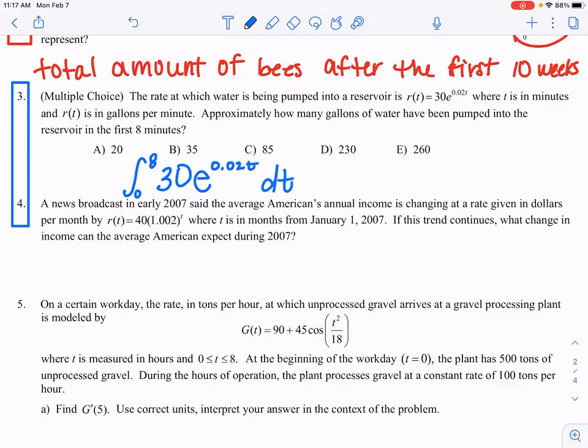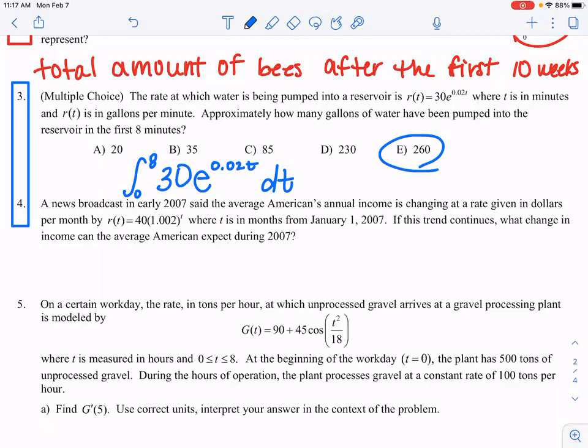Okay, so the integral from 0 to 8 of our rate represents the total change in those 8 minutes. So 260 gallons has been poured into the reservoir in those 8 minutes.